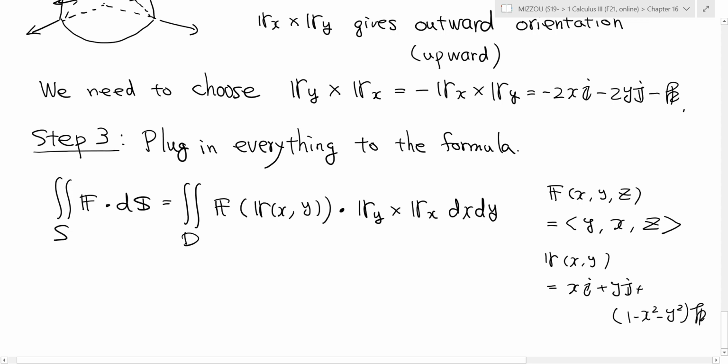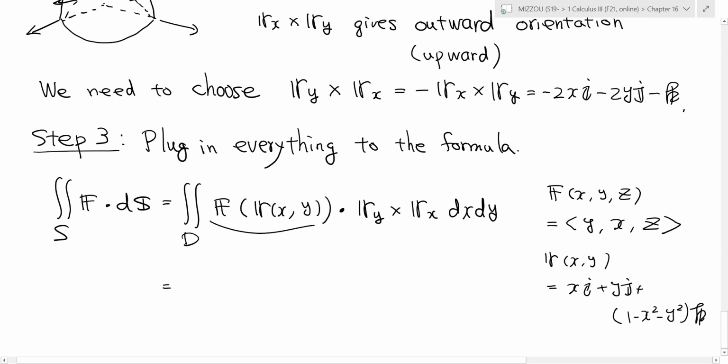So this means what? We have to plug in this to this, meaning that we have to set y is y, x is x, that's fine. Then we have to set this z to be here.